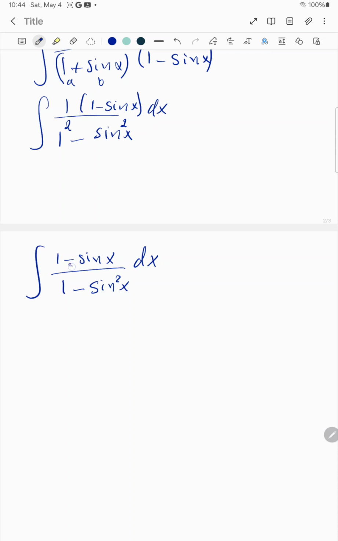Because there is a minus here, I can split it into two integrals: the integral of 1 over 1 minus sine square of x, and I will take the minus outside my integral, the integral of sine x divided by 1 minus sine square of x. Yeah?